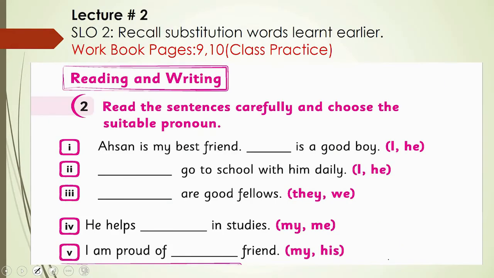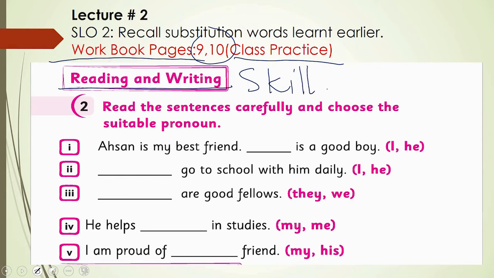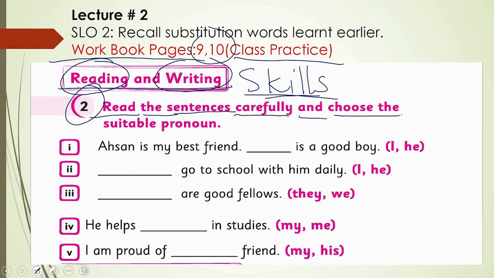Let's do some class practice on page number 9 and 10 of your workbook. Reading and writing. These are the skills which we are going to practice. Question number 2. Read the sentences carefully and choose the suitable pronoun. Number 1.